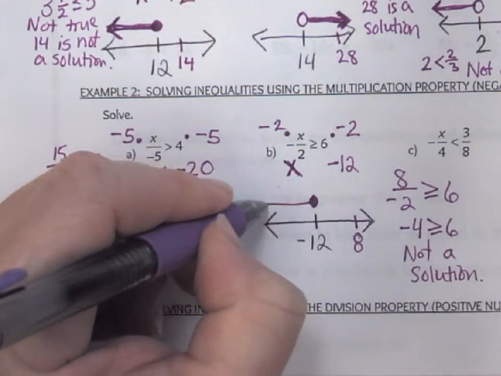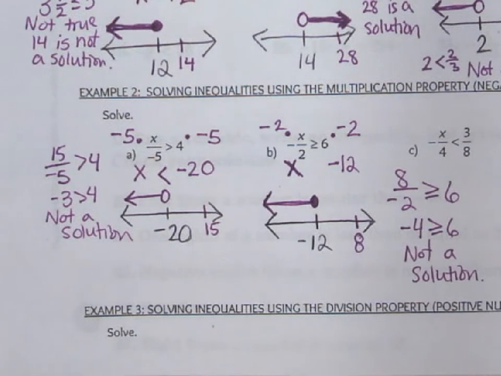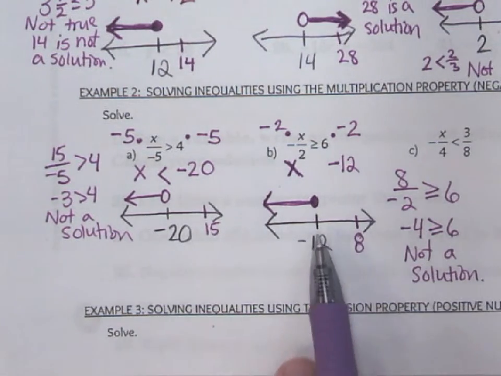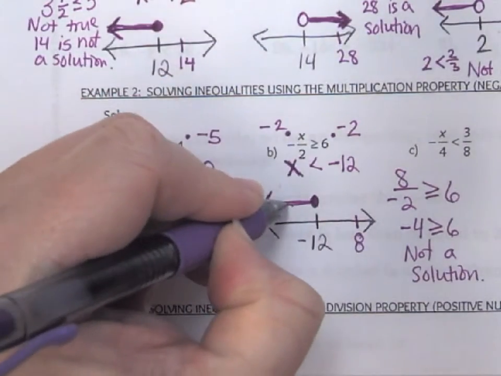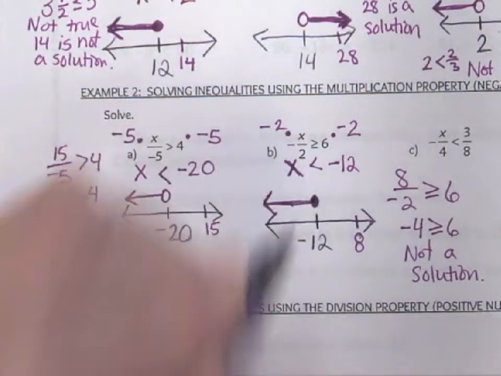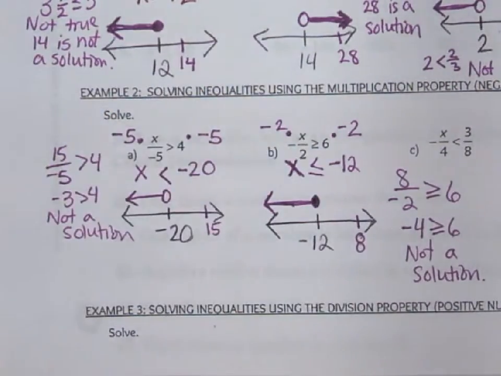So we shade it this way. So then what's our inequality? X is what? What is this showing? X is less than or equal to negative 12.